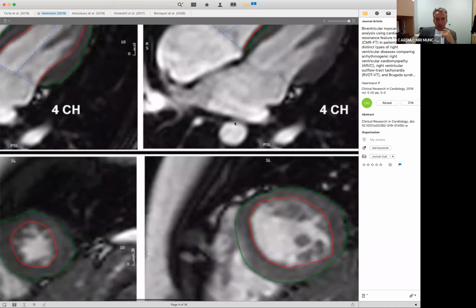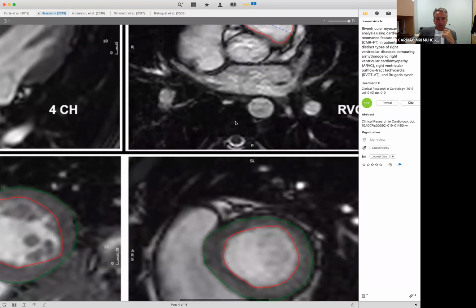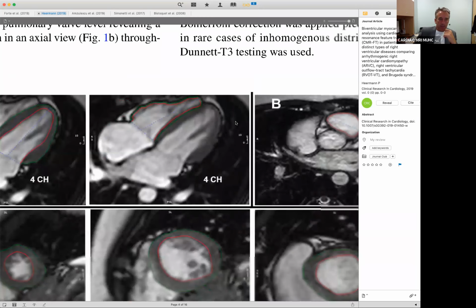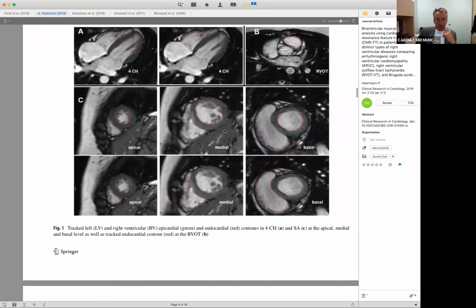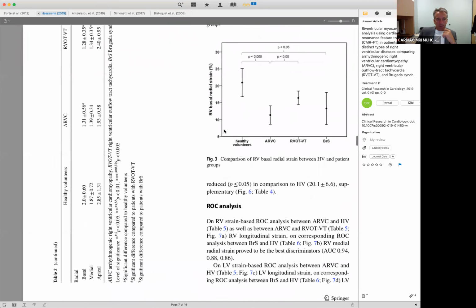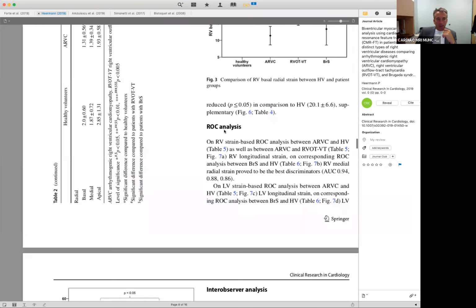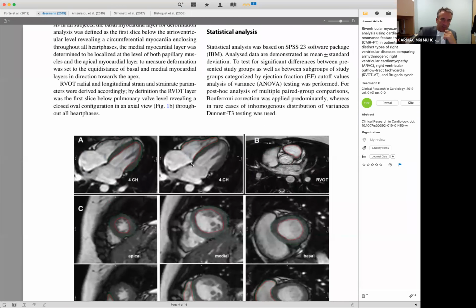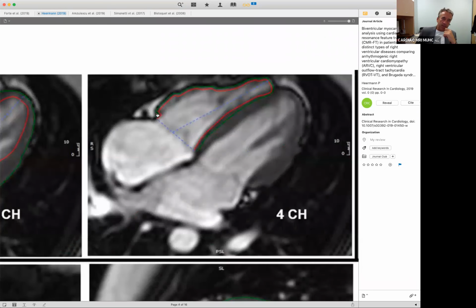So I already want to point out some of the limitations here. The contours are of course subject to observer bias. You could draw the contours a little bit more subendocardial here.